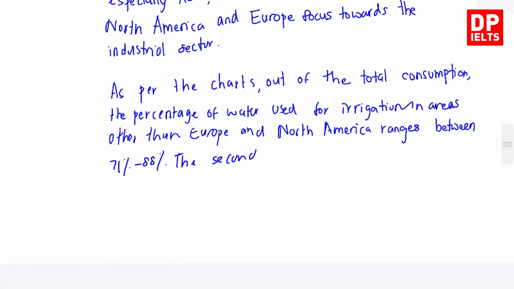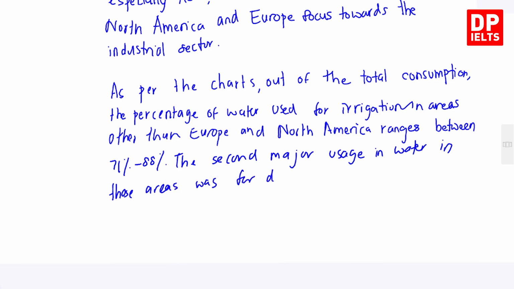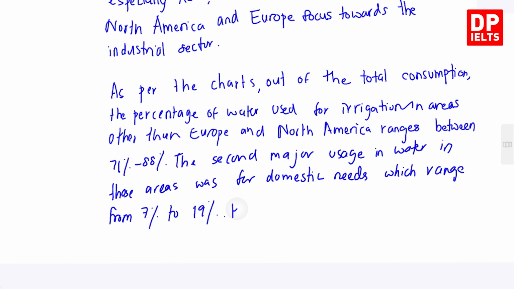The second major usage of water in these areas was for domestic needs, which range from 7% to 19%.